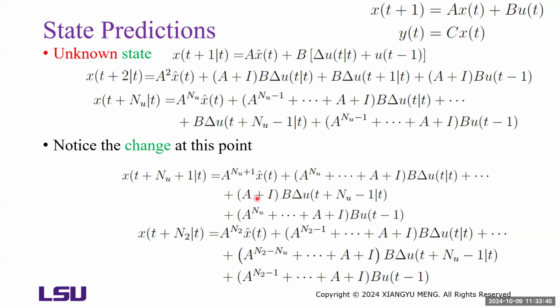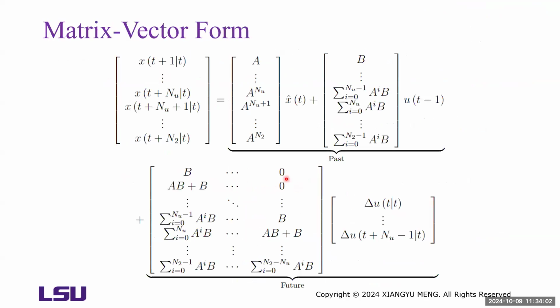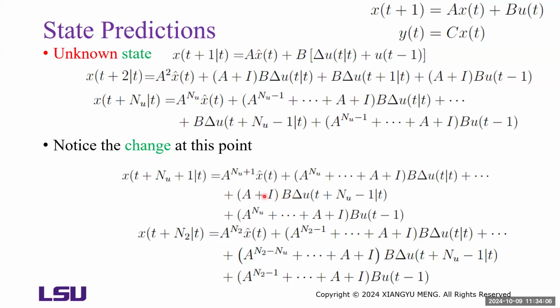Then the last one will not be b, it will be a plus I. So for a, this coefficient, this nu plus something is the degree of a. So the last one will be ab plus b.